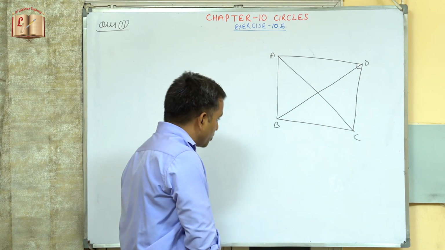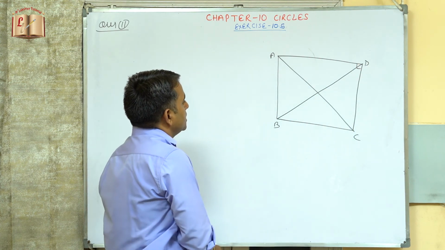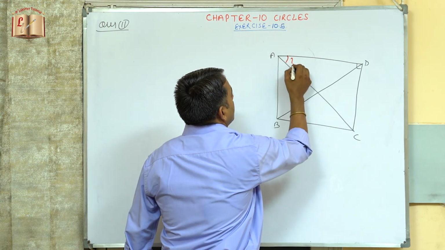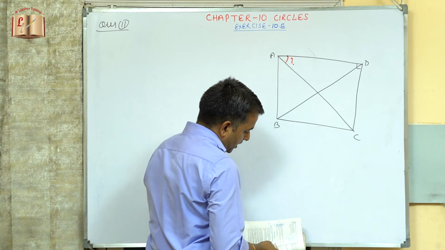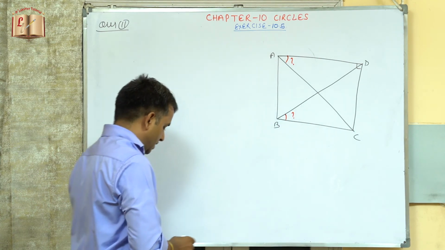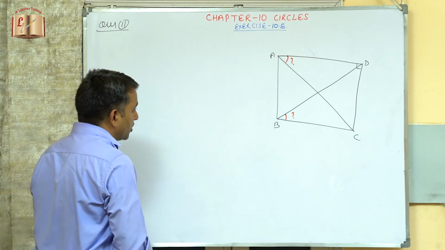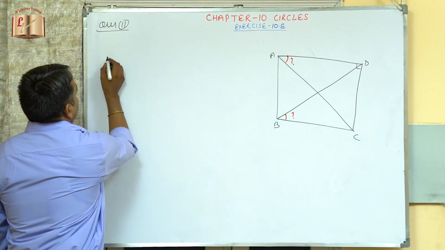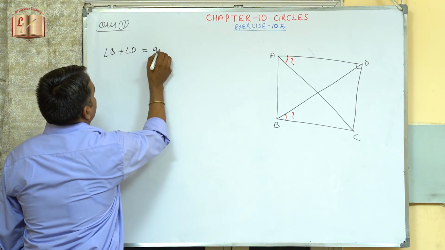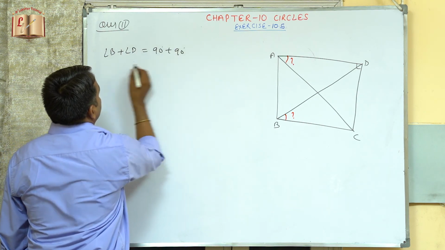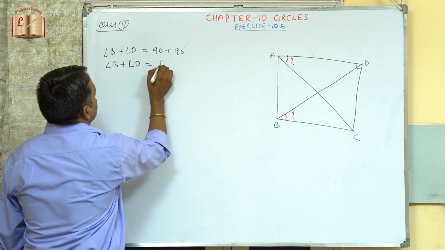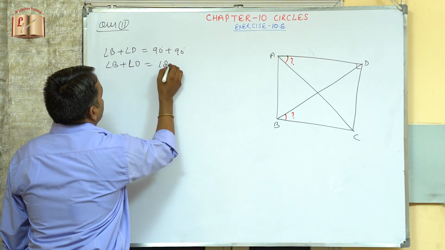Now we need to prove that angle CAD, this is the angle, and the next one is angle CBD. So we need to prove that these two angles are equal. Now see that angle B plus angle D is equal to 90 plus 90, so angle B plus angle D is equal to 180 degrees.